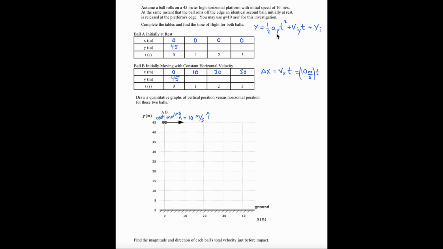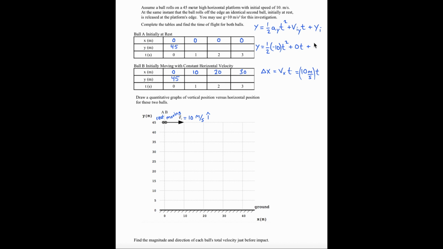Now the acceleration we'll use will be -10. It's negative because Earth pulls down. So we'll do this. y equals 1/2 times -10 t squared. We're going to have 0 initial velocity for ball A because it starts off at rest.